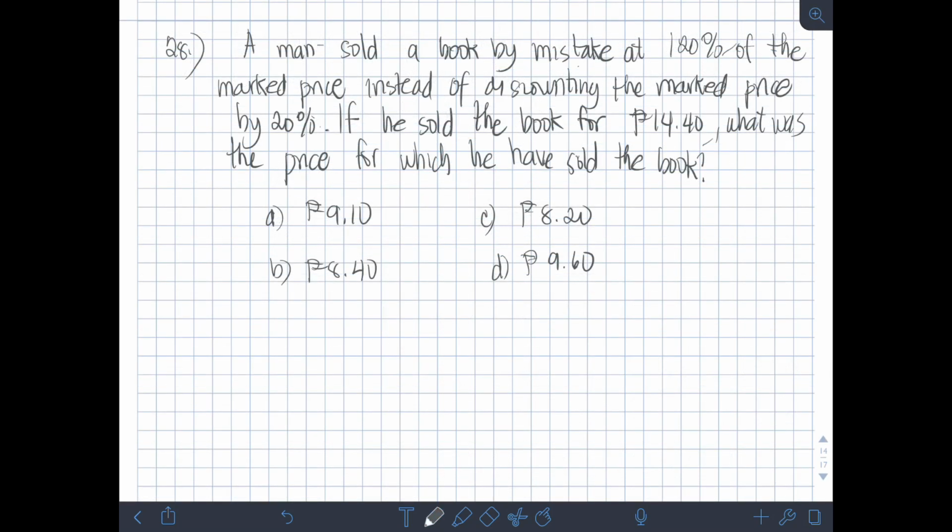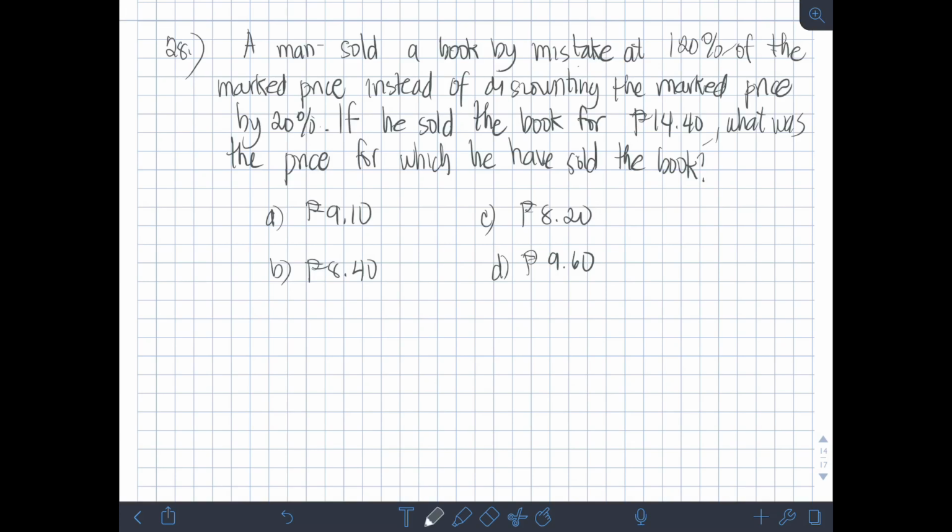Okay? Next, we have a man sold a book by mistake at 120% of the mark price instead of discounting the mark price by 20%. If he sold the book for 14.40 pesos, what was the price for which he should have sold the book? Okay, so instead daw na ma-discountan ng 20% yung mark price ng isang book, ay nadagdagan niya ito ng 20%.